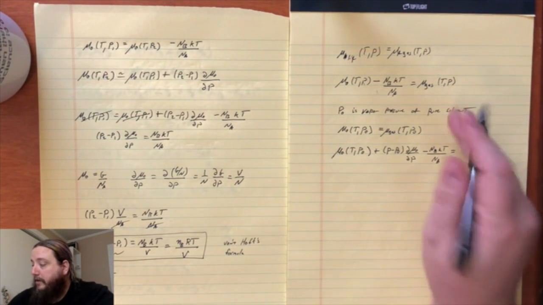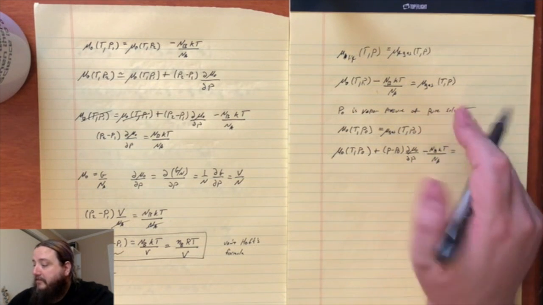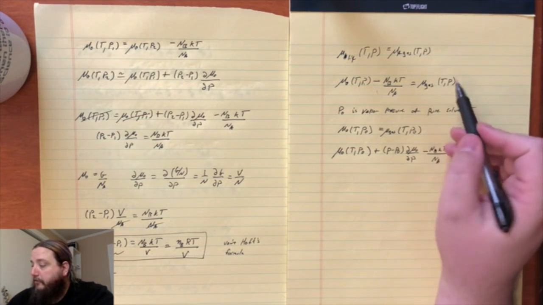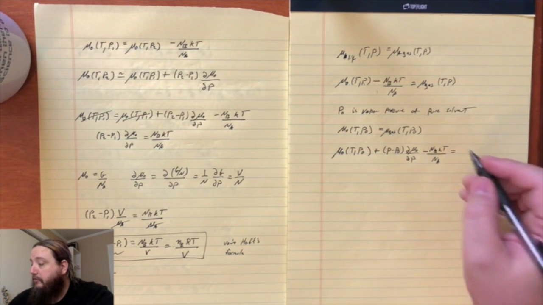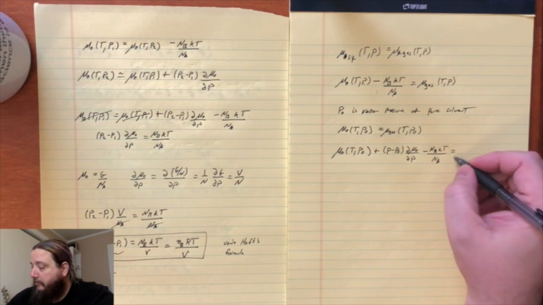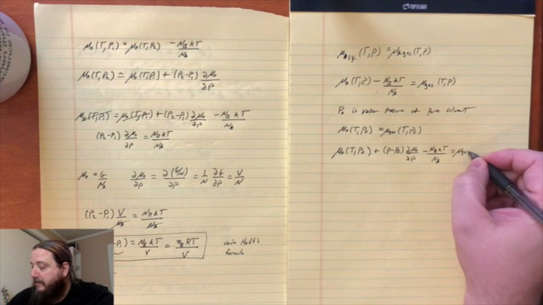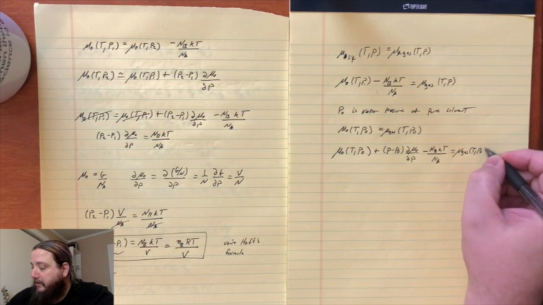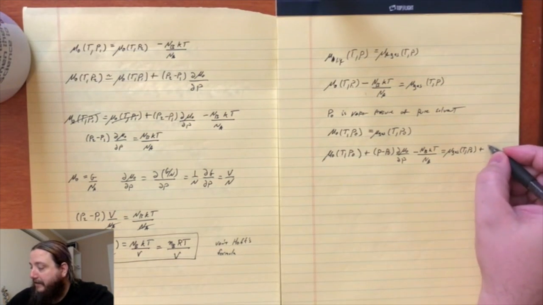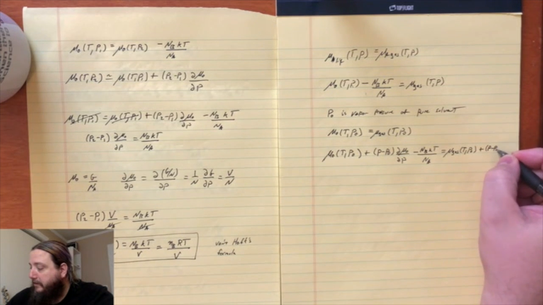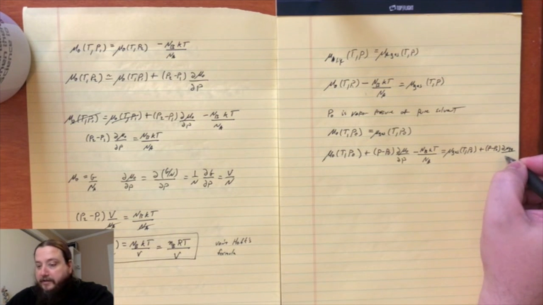That's going to equal, now we have to expand the gas term also around P close to P naught. So this is going to be mu gas at T and P naught, plus again a linear correction term, (P minus P naught) times d mu gas dP.